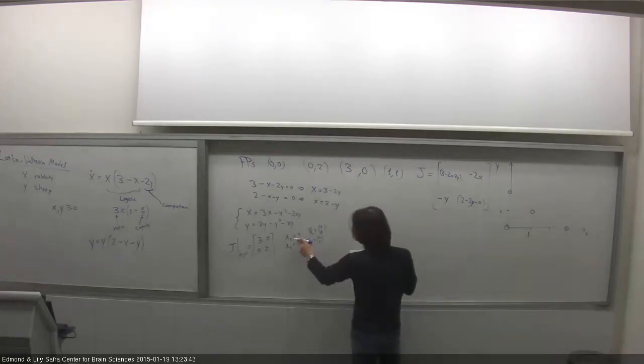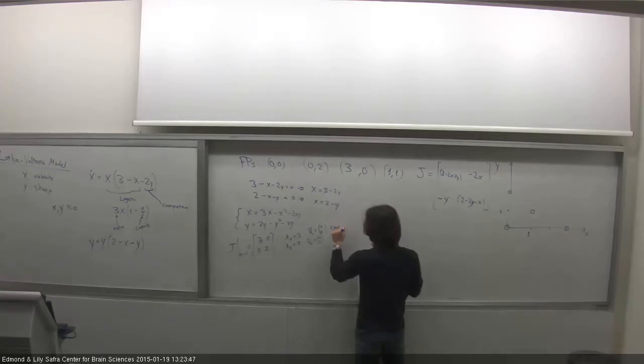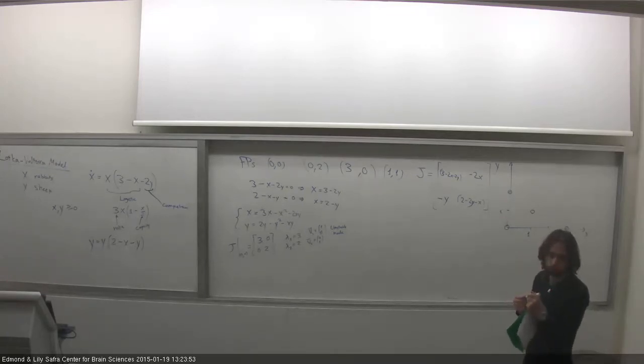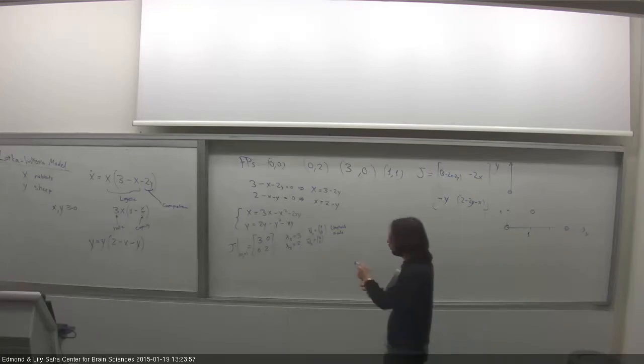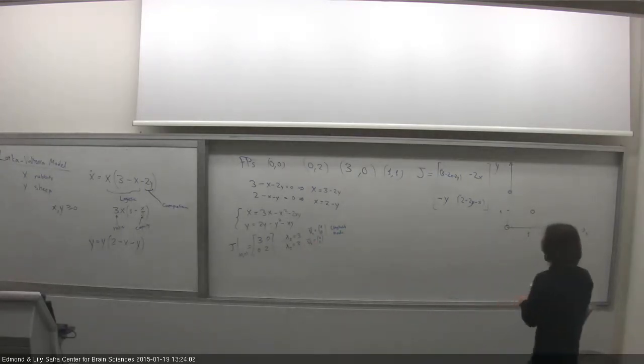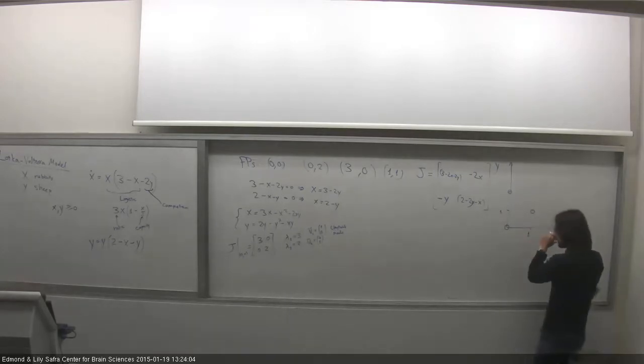And you see this is an unstable fixed point, an unstable node. How do you see that? Because there are 2 positive eigenvalues, so everything goes away from this point. And I can draw the eigenvectors.